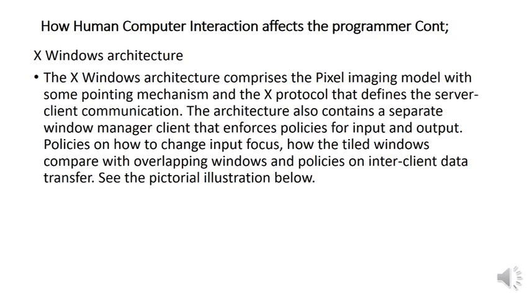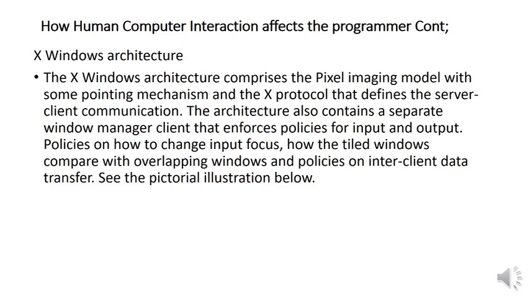Then the X window architecture. The X window architecture comprises the pixel image model with some pointing mechanism and the X protocol that defines the server-client communication. The architecture also contains a separate window management client that enforces policies for input and output: policies on how to change input focus, how tiled windows compare with overlapping windows, and policies on inter-client data transfer.